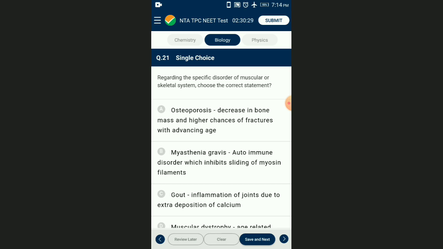In this disease, bone becomes fragile and porous. So the answer for this question is option A. Osteoporosis, decrease in bone mass and higher chances of fractures with advancing age, is a correct statement about the specific disorder of muscle or skeletal system.